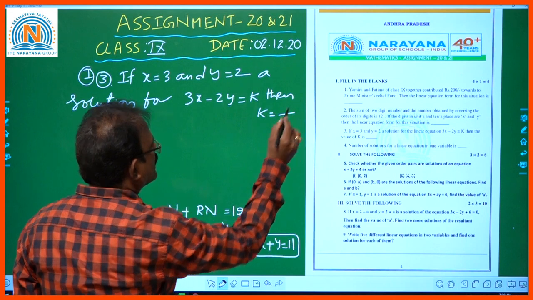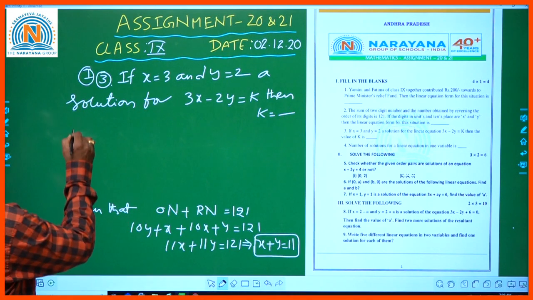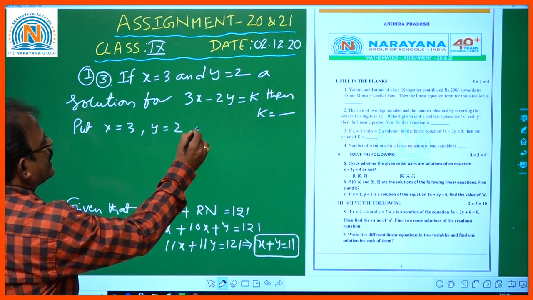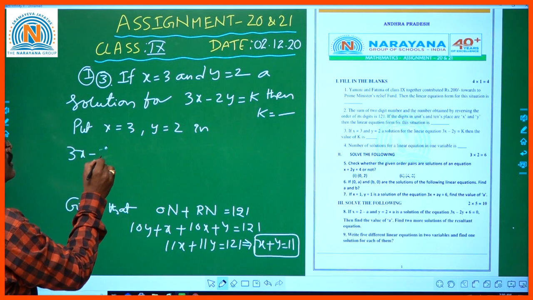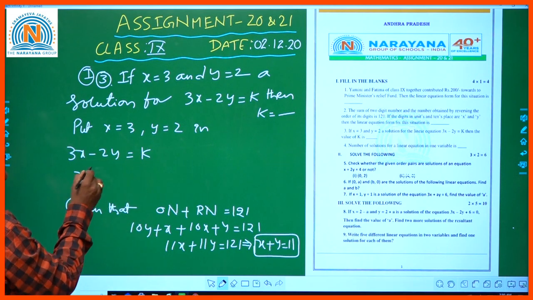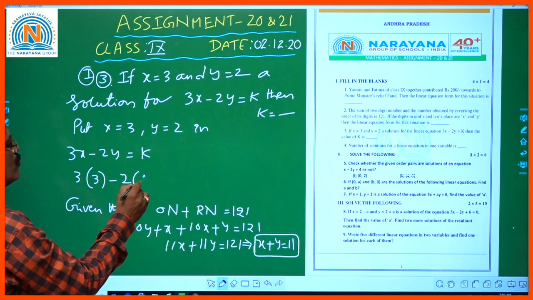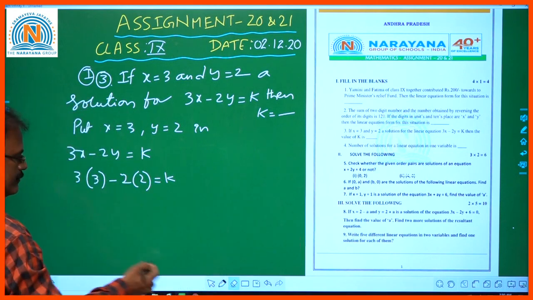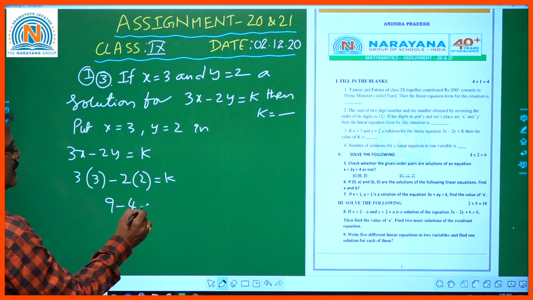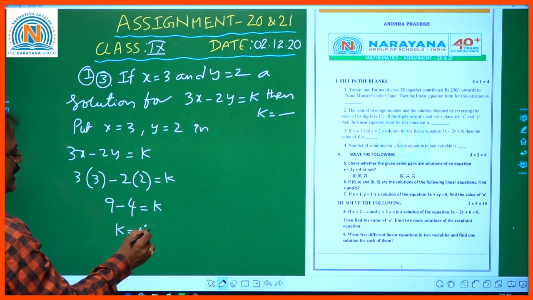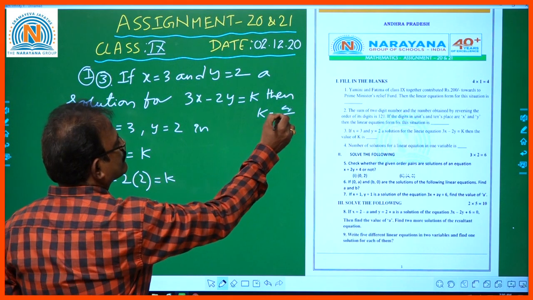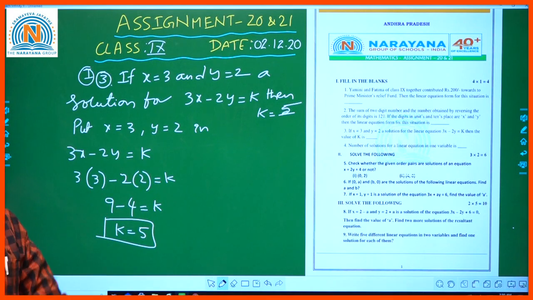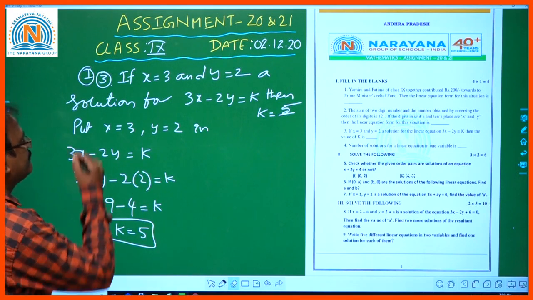So put x is equal to 3 and y is equal to 2 in 3x minus 2y is equal to k. So 3 into 3 minus 2 into 2 is equal to k. So 9 minus 4 is equal to k. Therefore k is equal to 5. Okay children, this is the value of k according to the given situation. So next question.